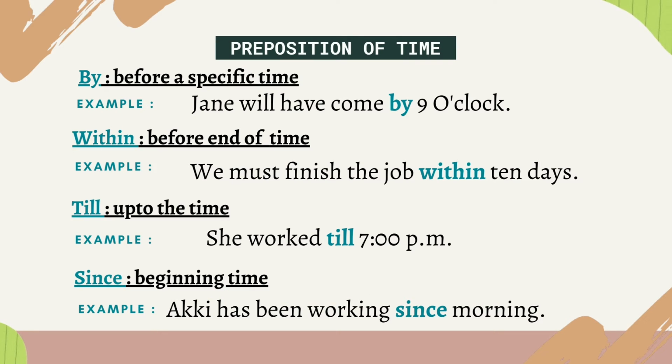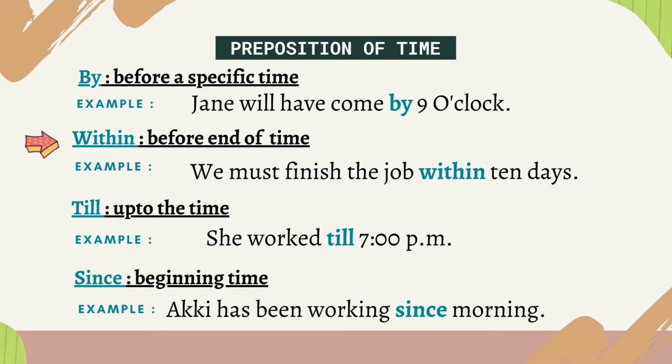The preposition by shows before a specific time. The example says, Jen will have come by 9 o'clock. That means before 9 o'clock. Next comes within. Within shows before end of time.